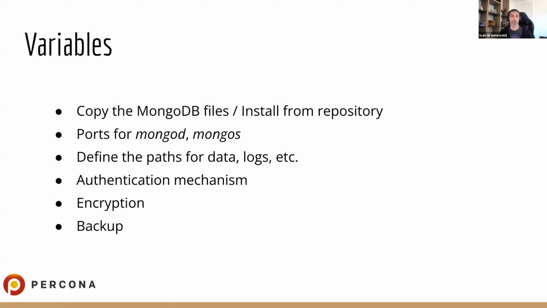We could also define the package names or the paths that we're going to be using. What are the ports that MongoDB will be using? What is the location for the MongoDB data, the logs, and so on? What's the authentication mechanism, the encryption configuration, and also the things for the backup, like what is the storage bucket, and what is the frequency of the backup. So all of these we could control from the variables file.